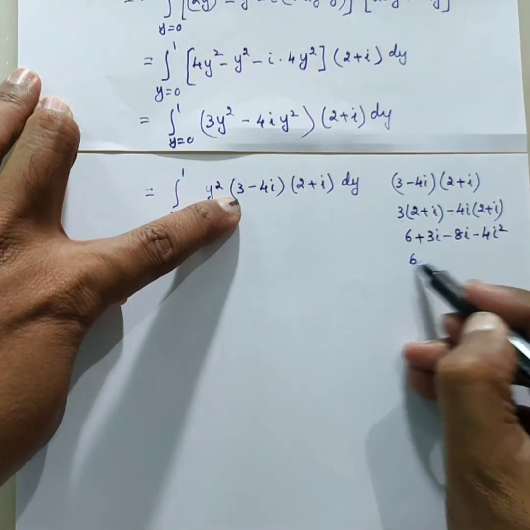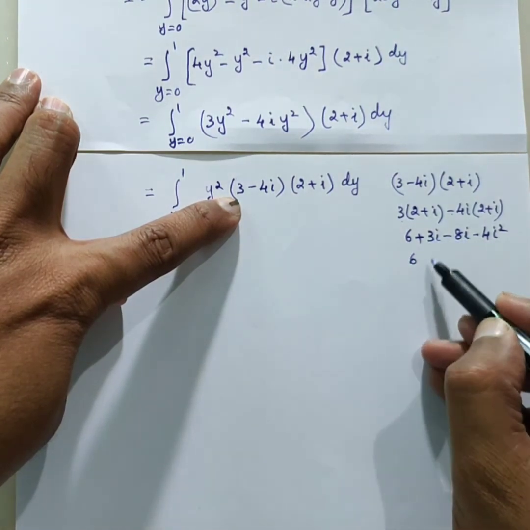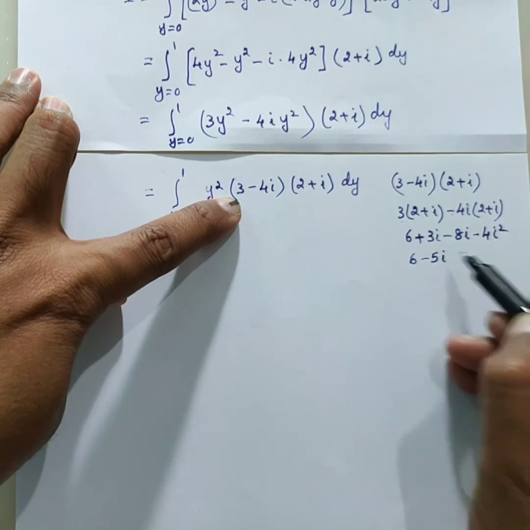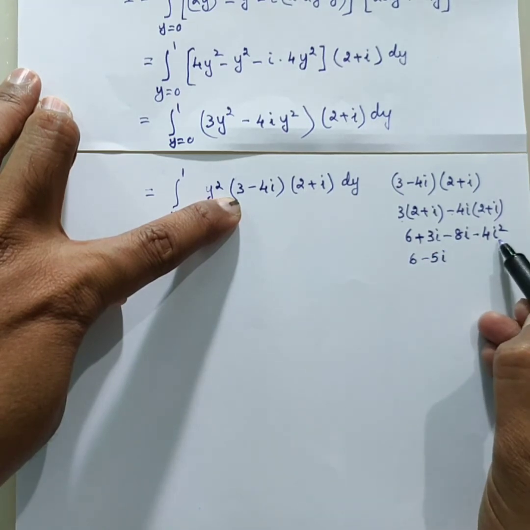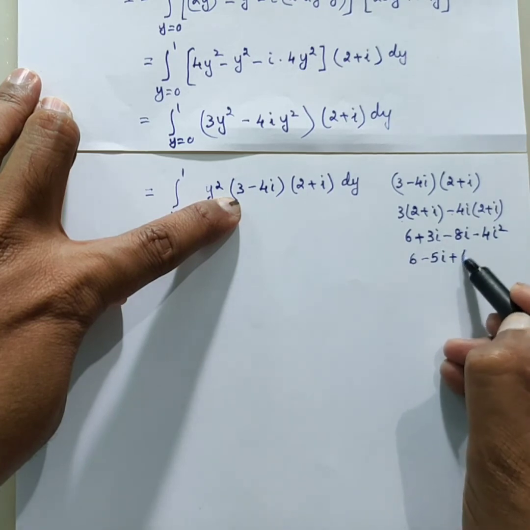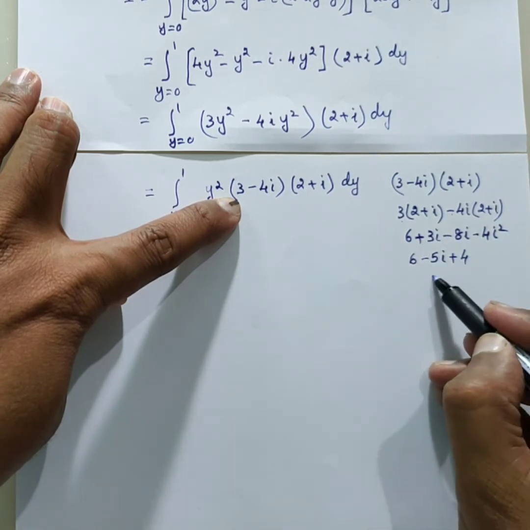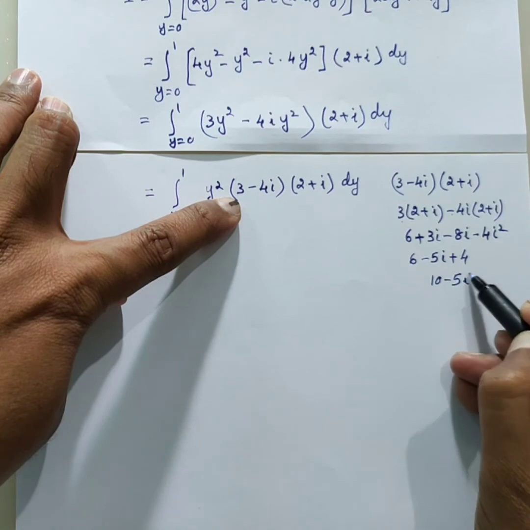So this becomes 6 minus 8i plus 3i, which is minus 5i. i² will be minus 1, so minus of minus will become plus. So 6 plus 4 will be 10, 10 minus 5i.